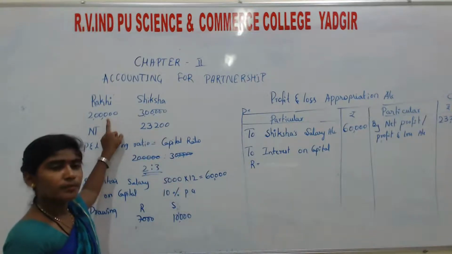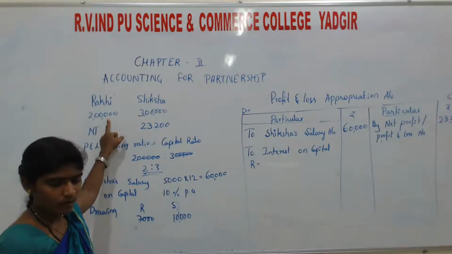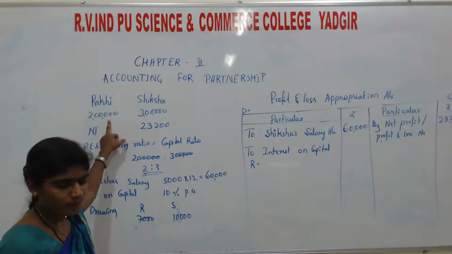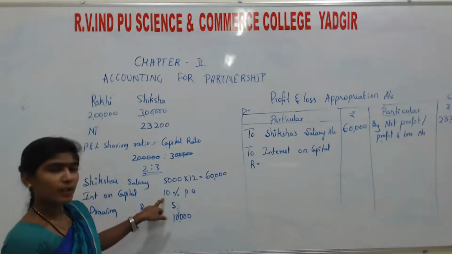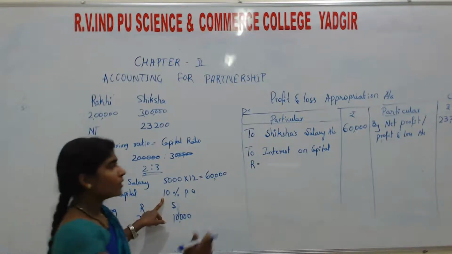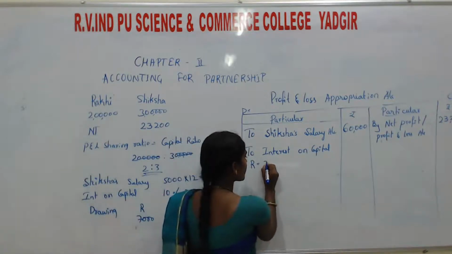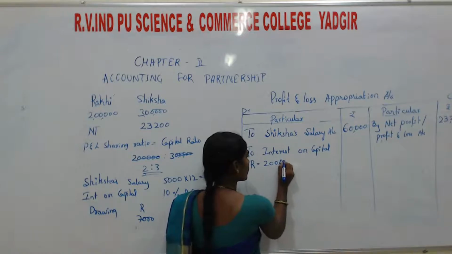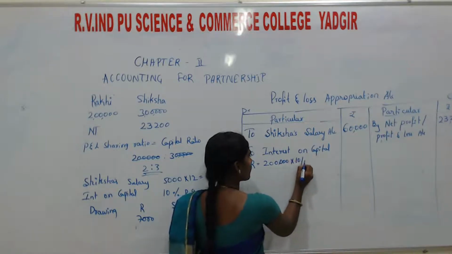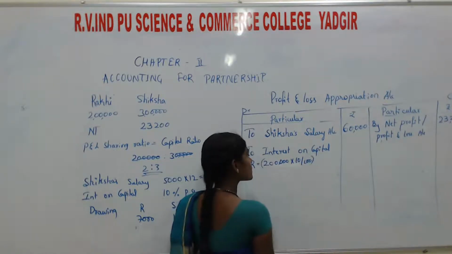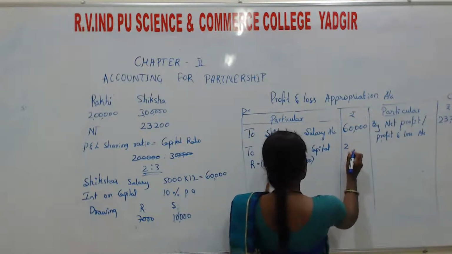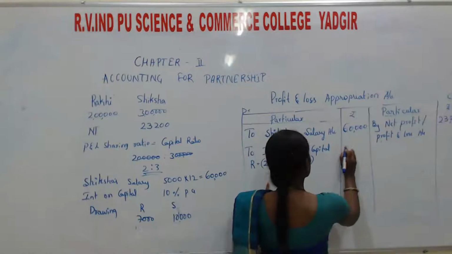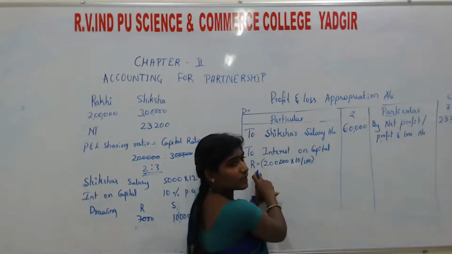Rakhi's capital 2 lakh. On that 2 lakh, what is the rate of interest on capital? 10%. So 2 lakh into 10 by 100 means 20,000. 20,000 is the interest on Rakhi's capital.